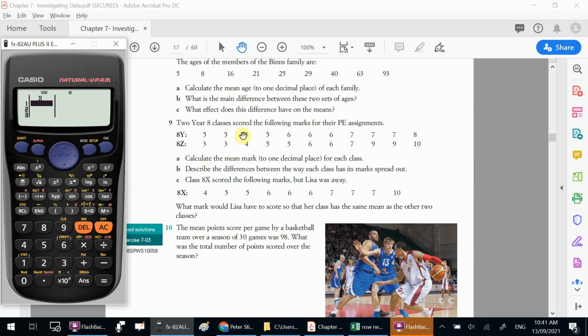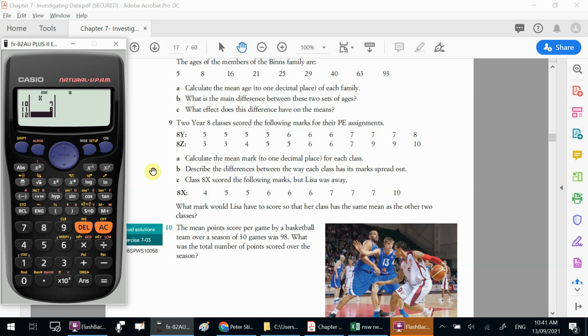How many? 1, 2, 3, 4, 5, 6, 7, 8, 9, 10, 11. 11 scores. 5 and 5. And we get 3 6s, and 3 7s, and finally an 8.